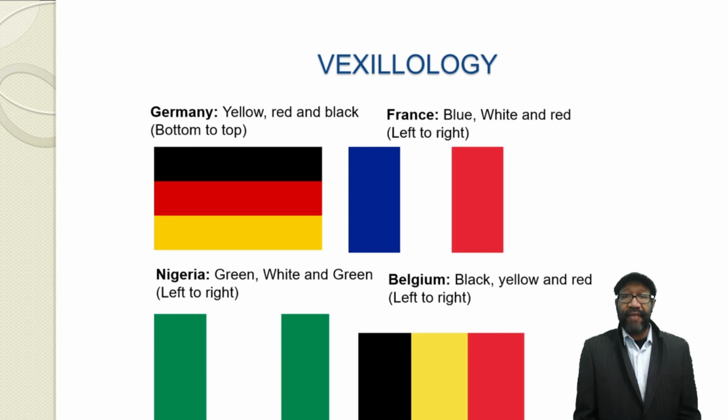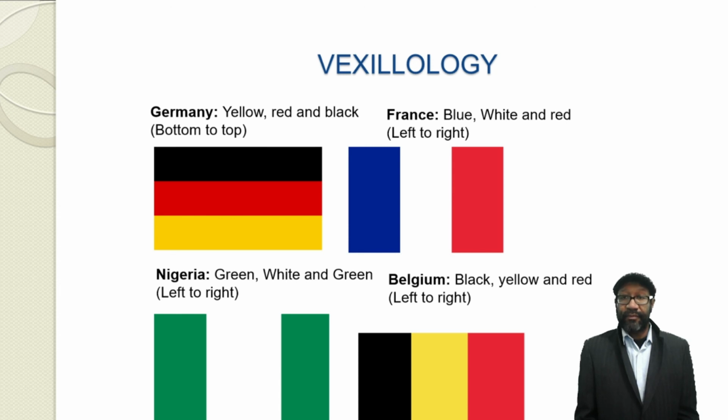You can see left to right. Going down, we have Nigeria, and the Nigerian flag is green, white, and green, left to right. And the Belgian flag, that is black, yellow, and red, left to right.